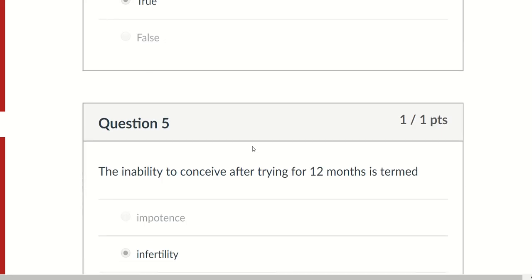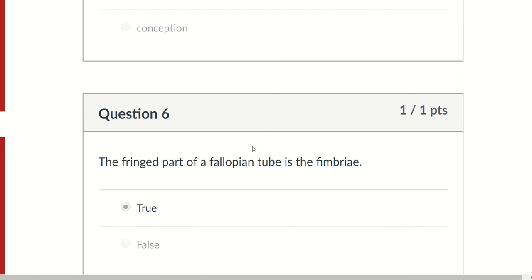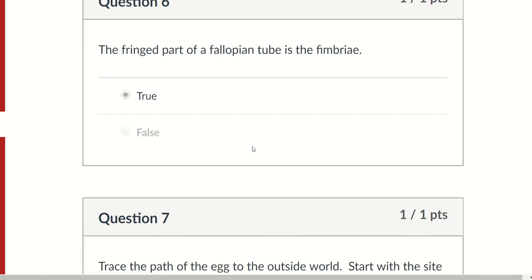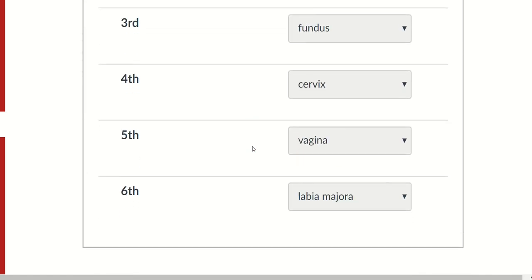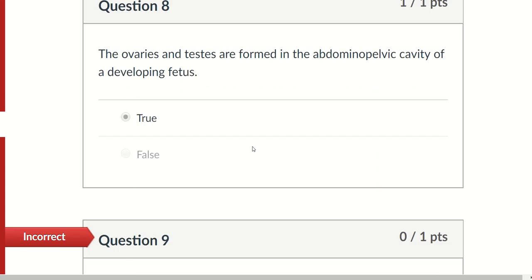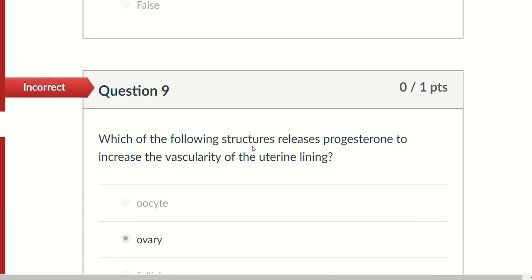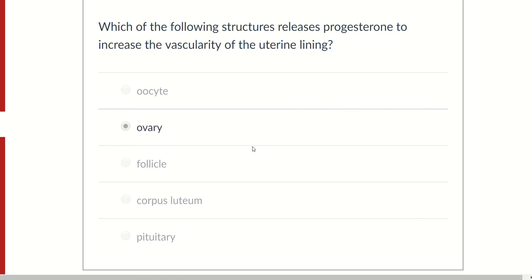Hidden testicle. Infertility, 12 months. The fimbriae, fallopian tube. The tracing of the eggs to the outside world, not bad. Ovaries, yeah, we all start off as little girls. 9: which structure releases progesterone?